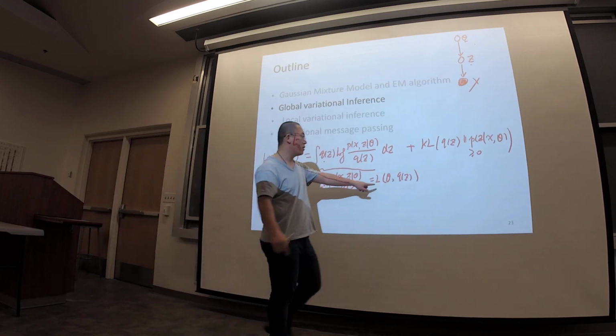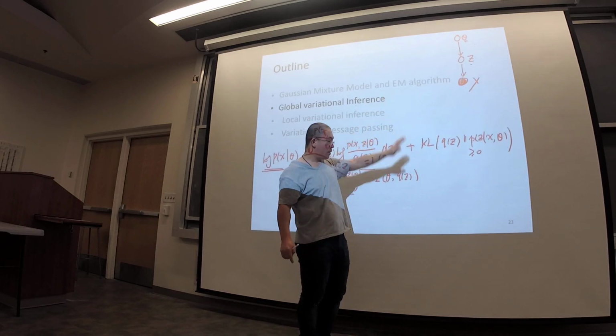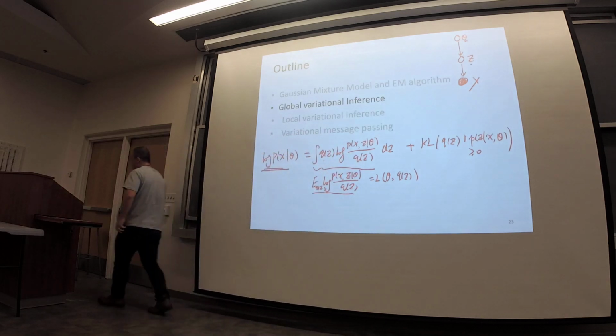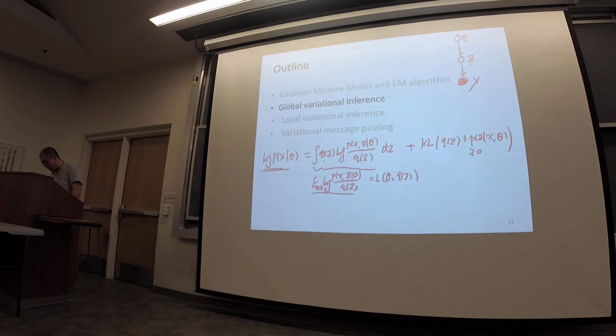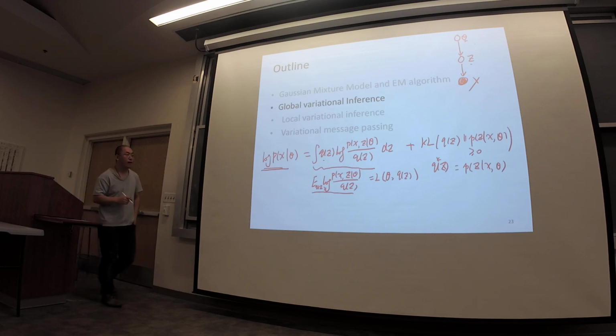The first is the model parameters theta, the hyperparameters in our original probabilistic model. The second is a free distribution Q of z. We know that when we choose Q of z equal to the true posterior, the posterior of z given x and given theta, the bound is equal to the original log evidence, because the KL divergence becomes zero.